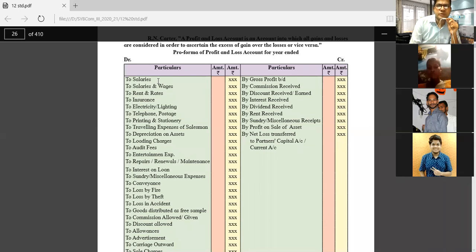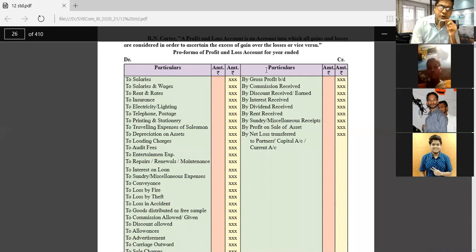If there is outstanding salary, it is also recorded in the profit and loss account. Sometimes the partnership firm provides salary as well as wages. Then such expenses we will record separately under the account.